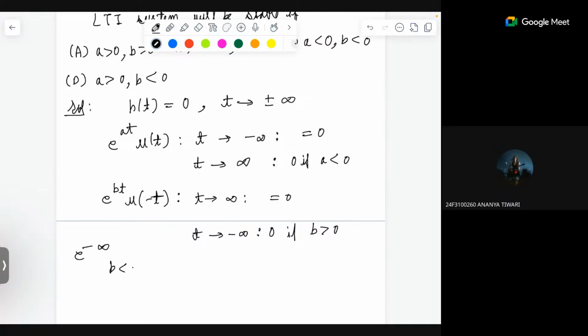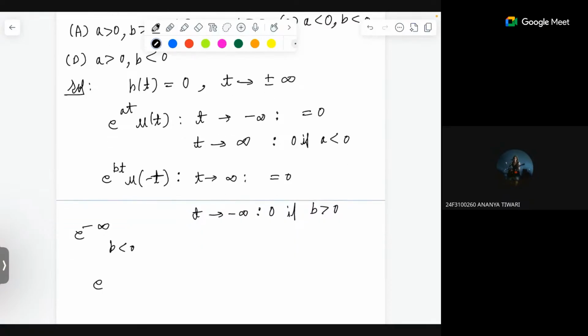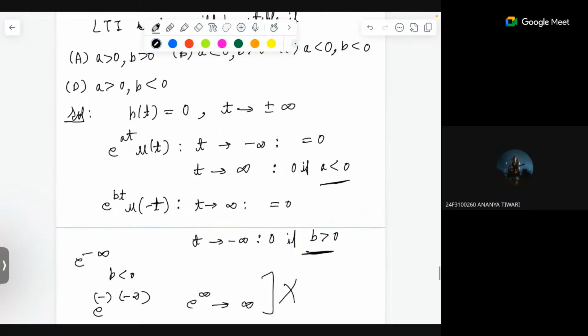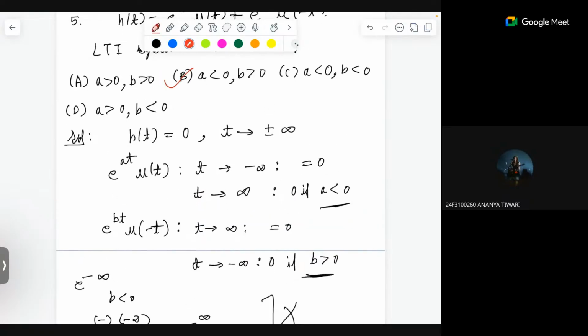But if b is less than 0, then e raised to the power of something negative into minus infinity will give me e raised to the power of infinity, and it will go to infinity. This is not what I want. So b greater than 0 satisfies this. So the correct option will be option B: a less than 0, b greater than 0.